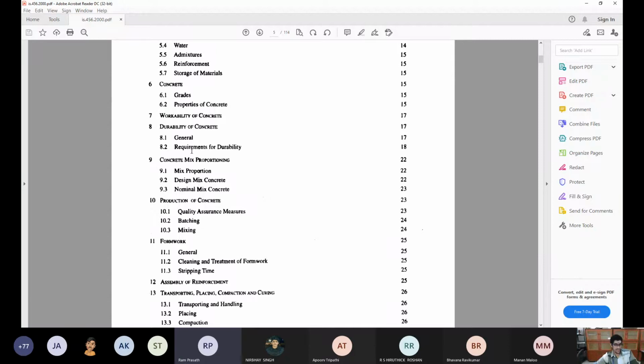Generally, up to what grade of concrete can you use a nominal mix? M20. Up to M20 you can use nominal mixes, and beyond M20 a nominal mix will not be accurate, so you will have to design the mix.